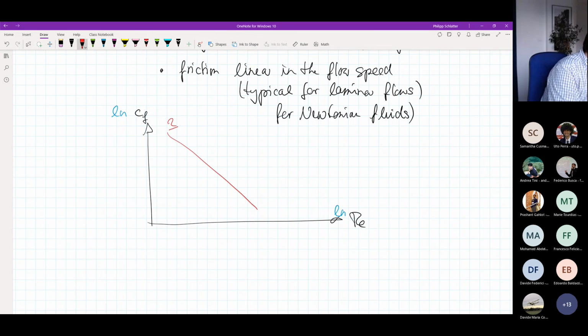So this would be 2 divided by Reynolds. And of course, as we were saying, this is proportional to Reynolds to the -1. In a log-log plot, this gives you a line with a slope of -1. And this is in the laminar configuration.